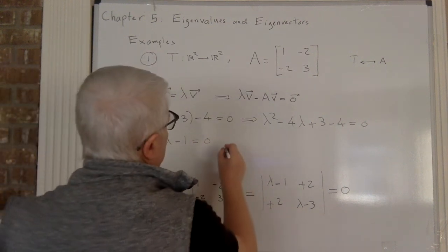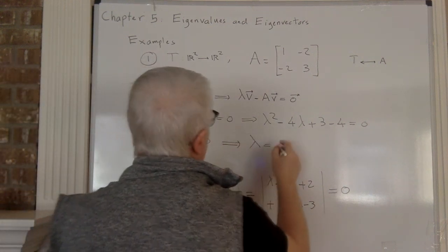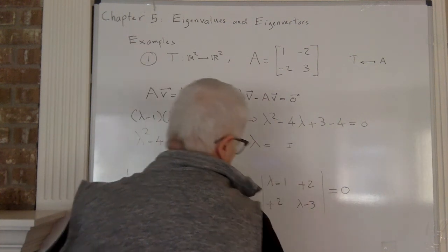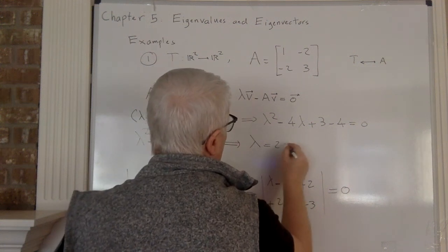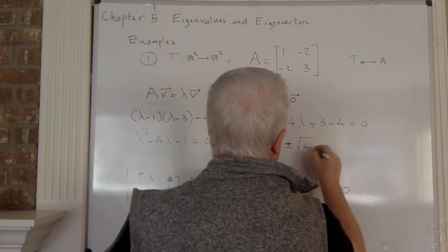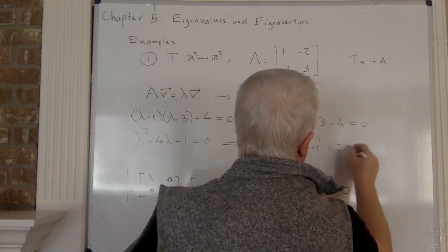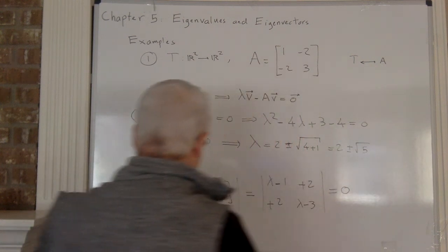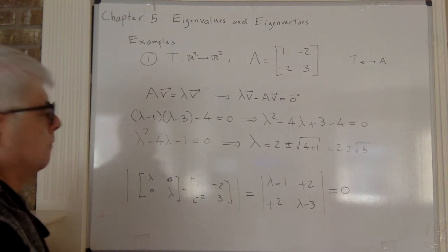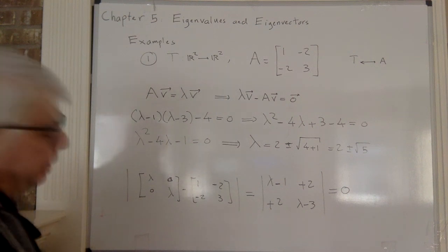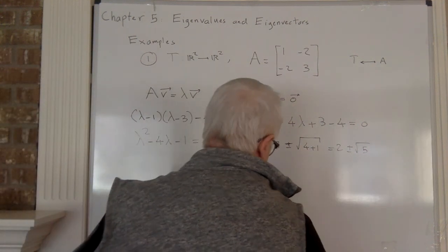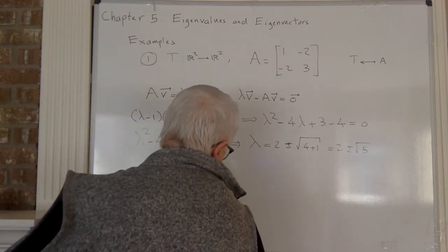So this gives me lambda is 4 plus minus square root of 16 plus 4, over 2, which is 2 plus minus square root of 5. Okay, so the two eigenvalues are these two numbers. So let me write them down here.